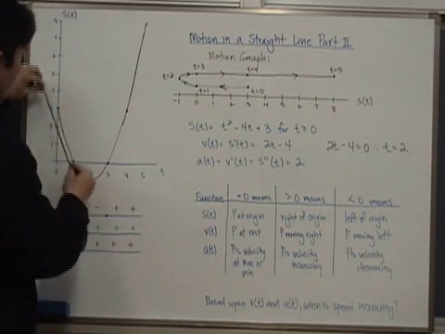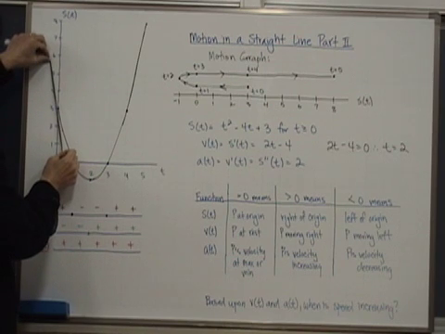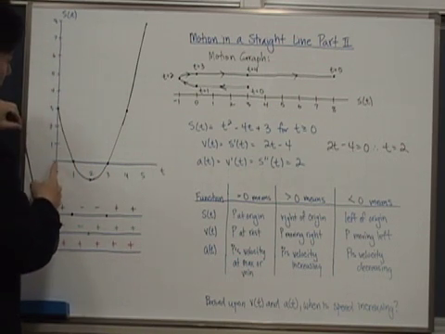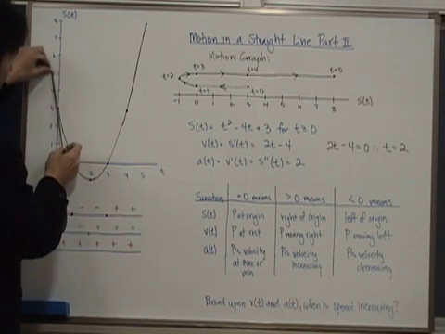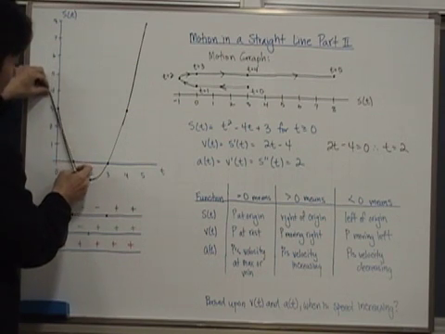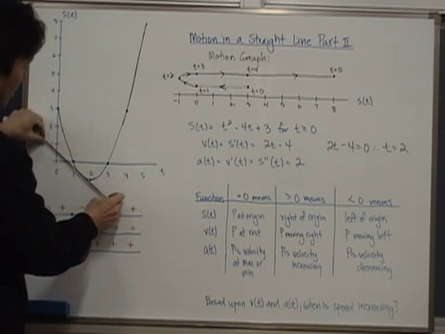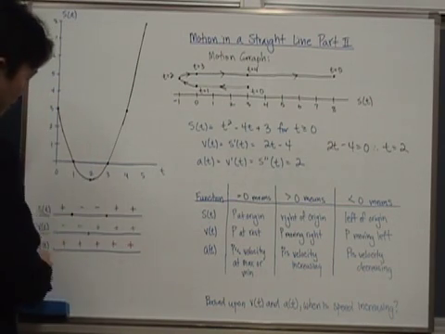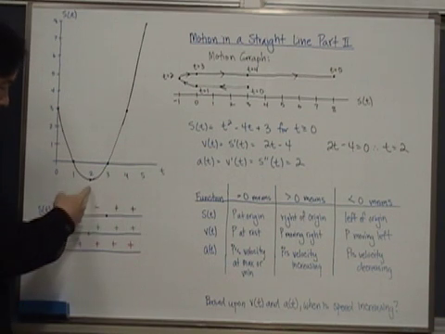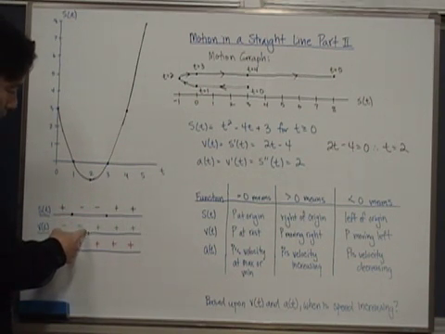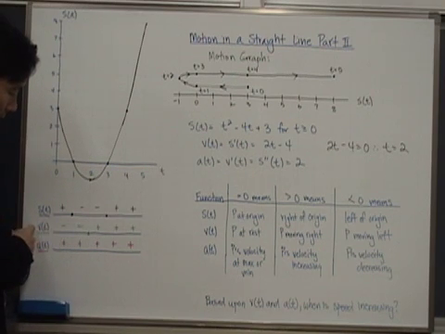Okay, so let's take a look. What is the value of the slope of the tangent lines anywhere between t is equal to 0 and 2? So what we notice is that all of these slopes of the tangent lines are all negative. Okay, so notice that for v of t, according to this point here, everything to the left of that, the value of v of t is actually negative.